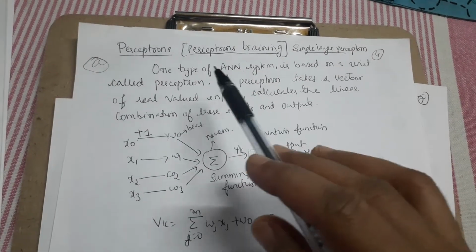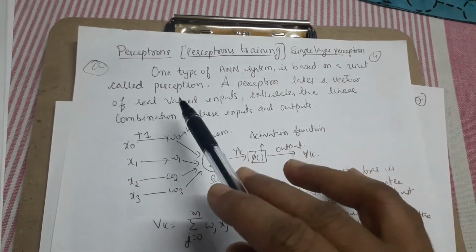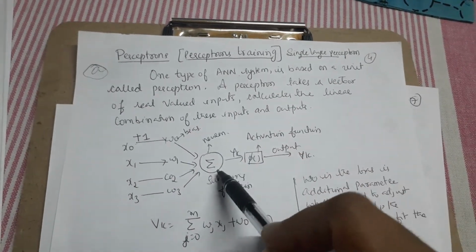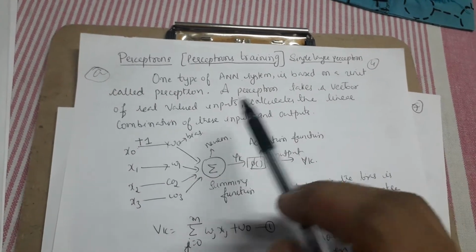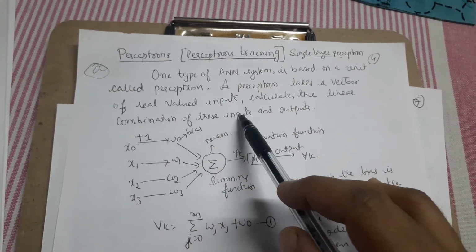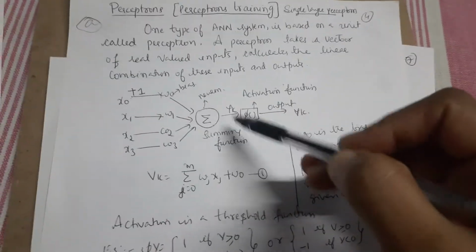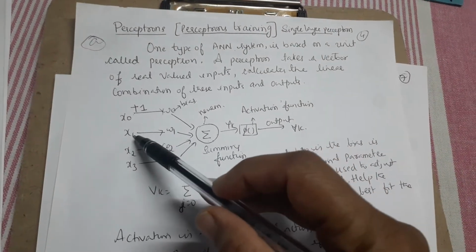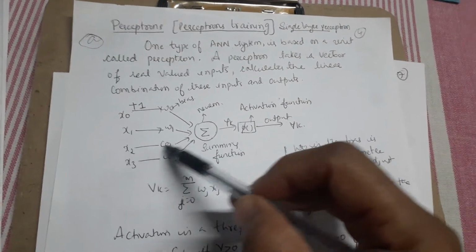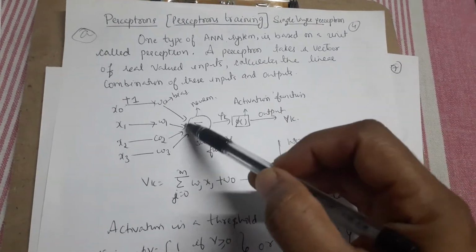A perceptron takes a vector of real valued inputs and calculates a linear combination of these inputs. Means what? This perceptron, that is a neuron, takes x1, x2, x3, which are nothing but the inputs, and performs the combination.